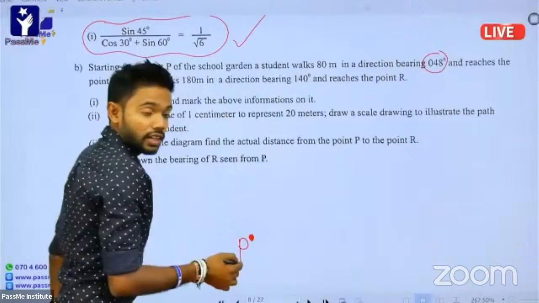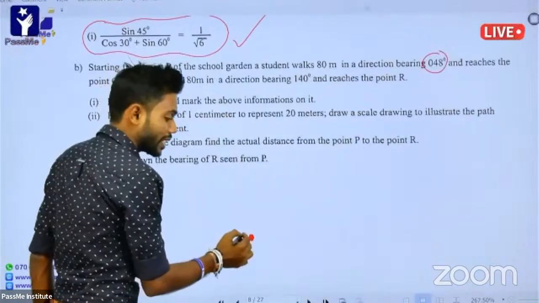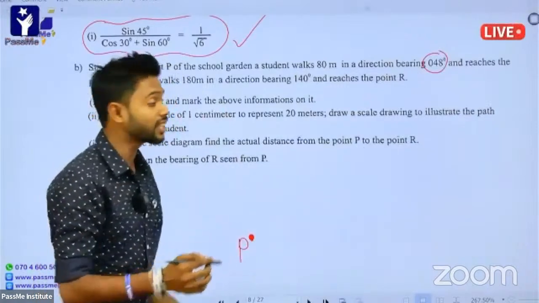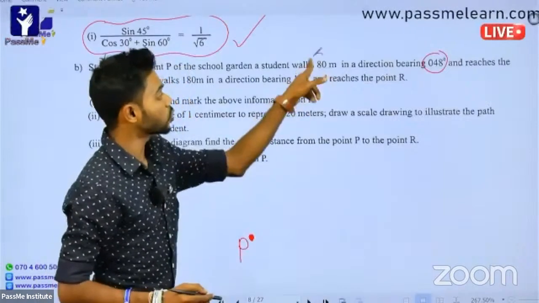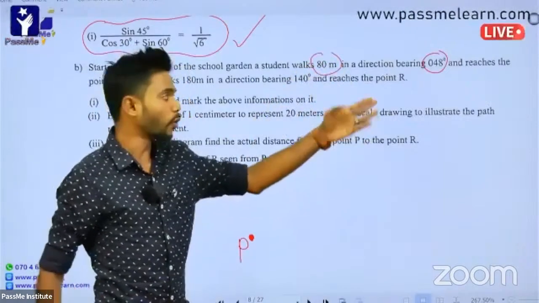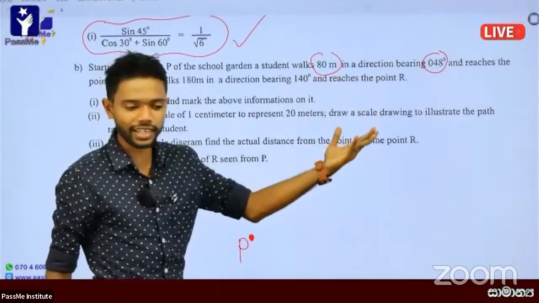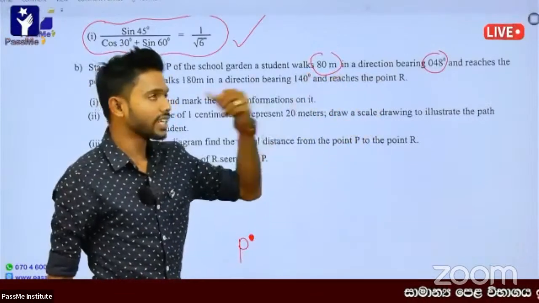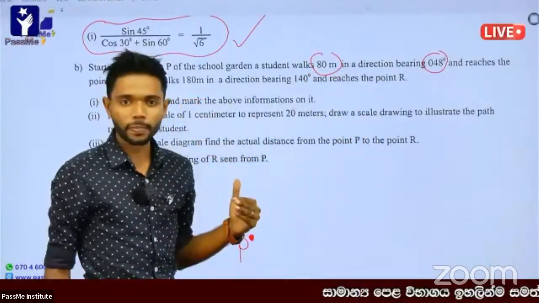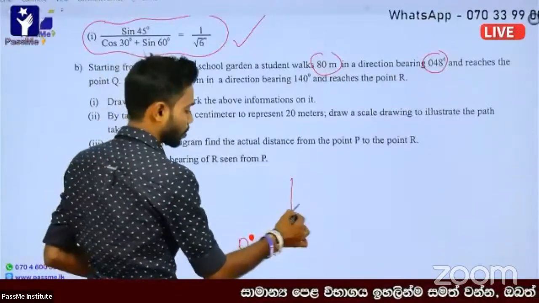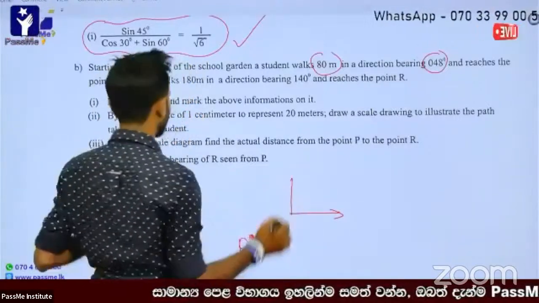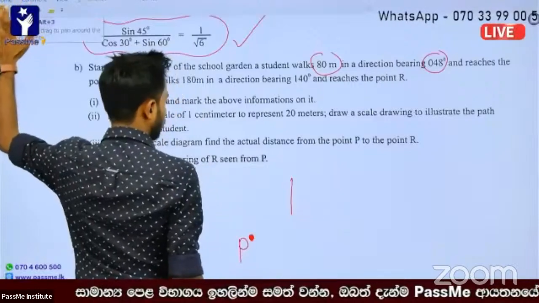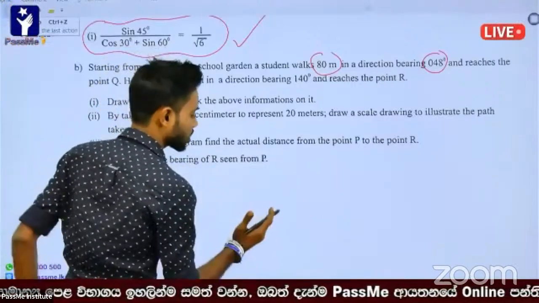So that means, මම ඉන්න තැන ඉඳලා 048 degree angle එකකින් මීටර 80ක් ගිහිලා තියෙනවලු. 48 කියලා කියන්නේ 90ට වඩා අඩුයි. Okay. Now the 48 is less than 90. That means it is something like this.